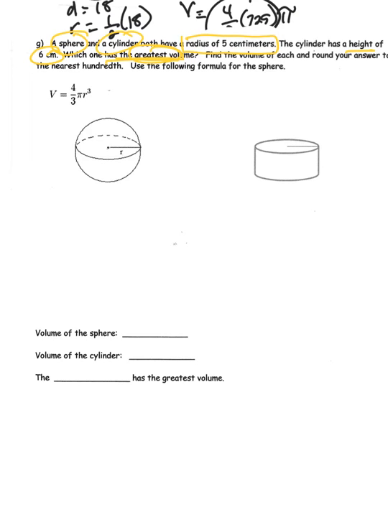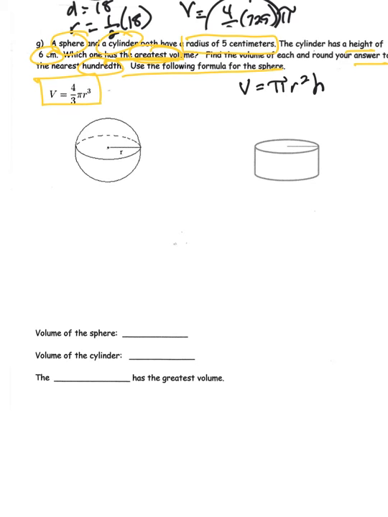It asks us to find the volume of each and round the answer to the nearest hundredth, and it gives us one of the formulas. However, it doesn't give us the other formula. So we have to recall that the formula of a cylinder is volume equals pi r squared h. And actually, we don't have to recall. We can look it up on our reference sheet.